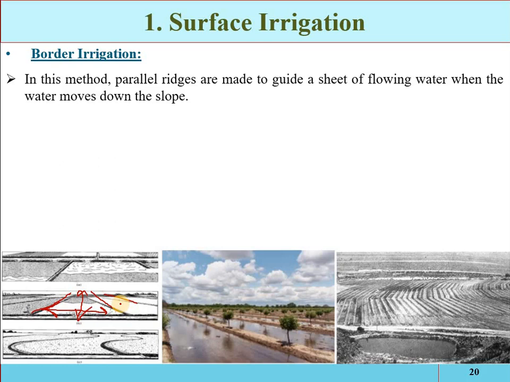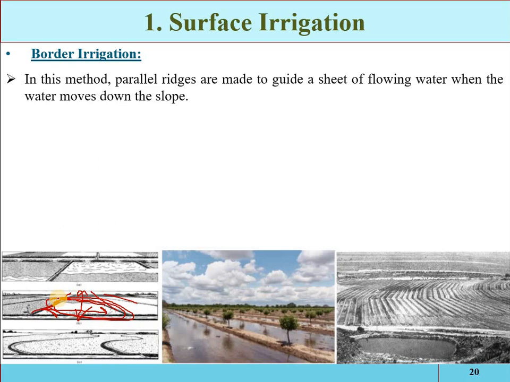Now to irrigate, water is turned from the supply ditch into the head of the border. Suppose this is a supply channel, so the water will be introduced at this one point, and the water will move in the forward direction in the form of a thin sheet, which is called the advance sheet, or the flowing sheet. The water will move from the upstream to the downstream.